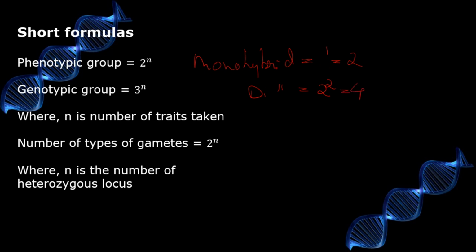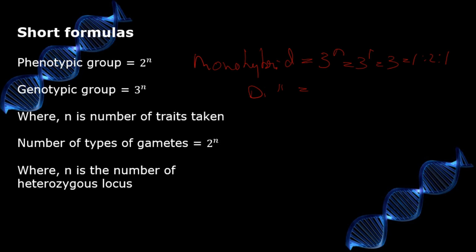Now we can check the same condition for the genotypic group. In a genotypic group, it is 3 raised to n. So in a monohybrid, 3 raised to n means 3 raised to 1, that is 3. So 3 types of genotypes, that are 1 is to 2 is to 1, as we know. In a dihybrid cross, there are 2 traits.